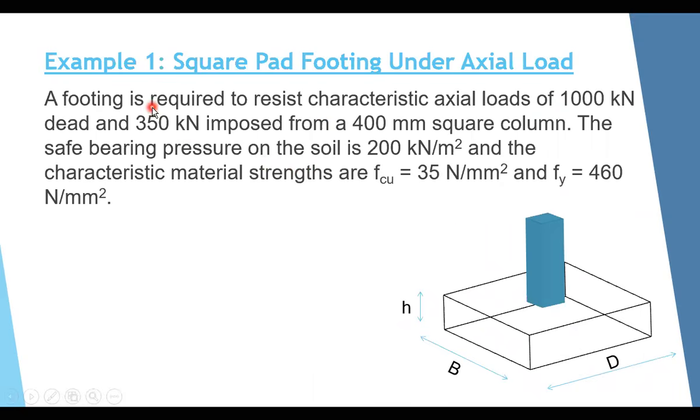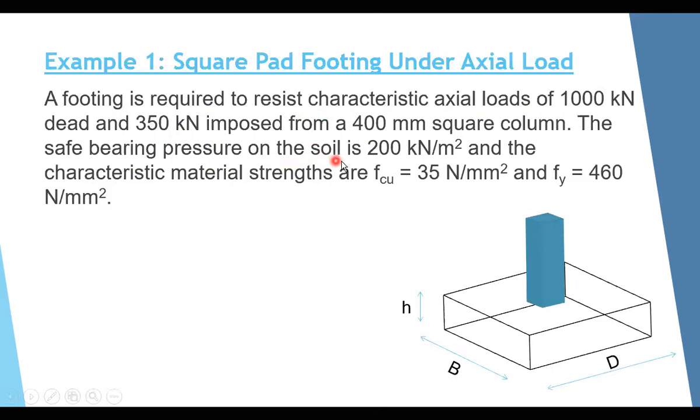Okay, to discuss this first case when we have an axial load only, we will take an example and solve it step by step to let you understand every point. So what do we have in this example? It is required to design a footing to resist a characteristic axial load of 1000 kilonewton dead load and 350 kilonewton imposed load from a 400 millimeter square column.